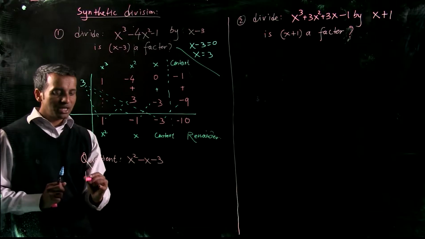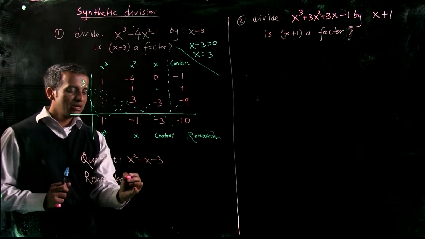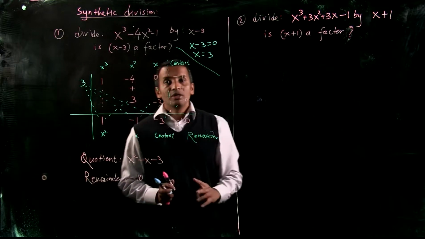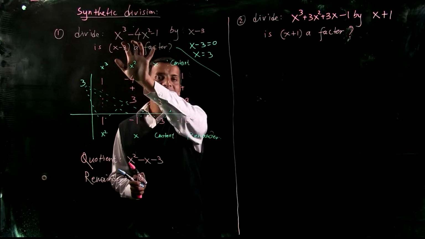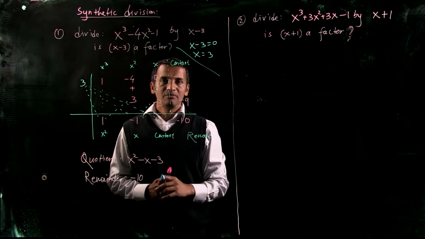And the remainder is -10. So whenever you divide this expression by that, the remainder is -10.